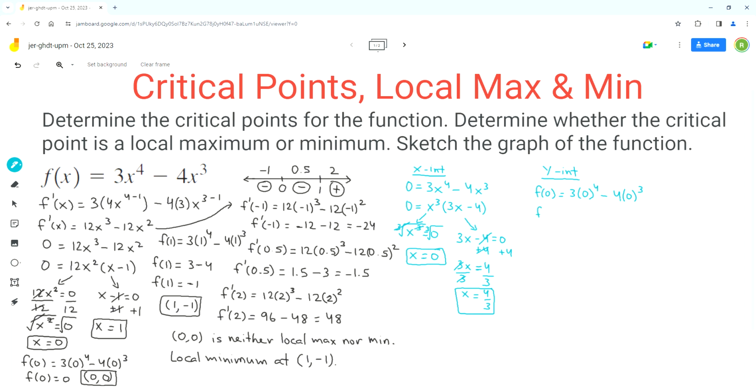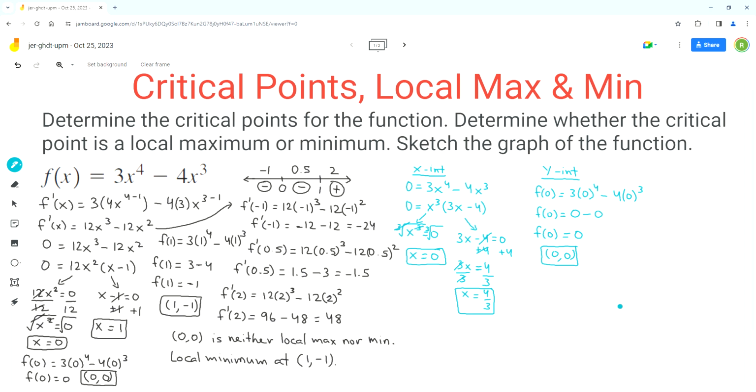So 0 exponent 4 is 0, and 3 times 0 is 0, minus, now 0 exponent 3 is 0, so 4 times 0 is 0. So f at 0 equals 0. So this is our y-intercept. So in point form, this y-intercept is 0, comma 0.